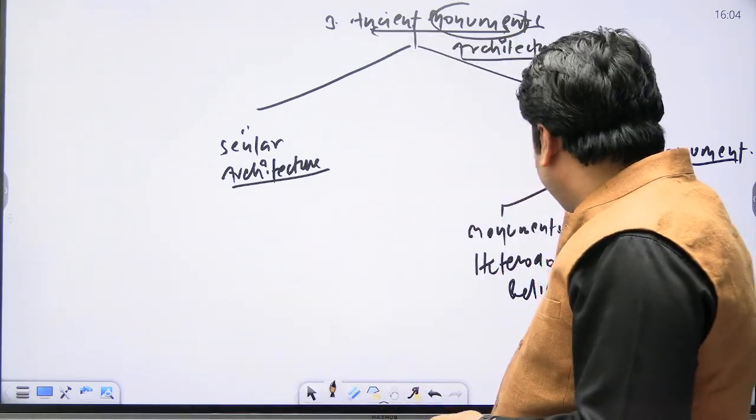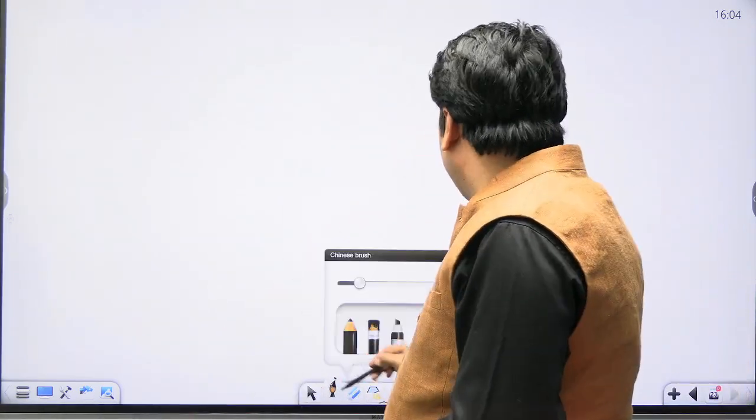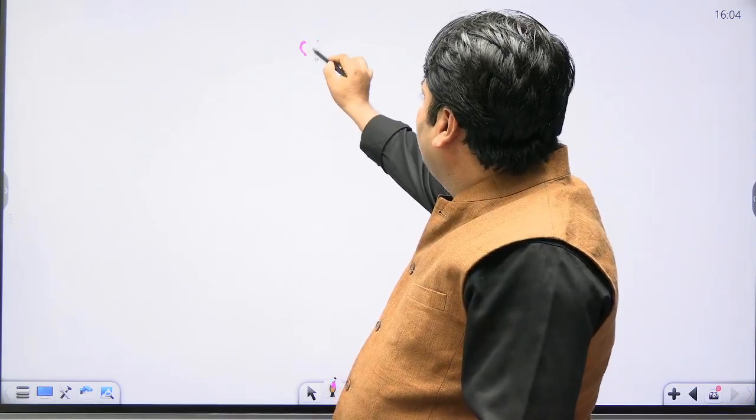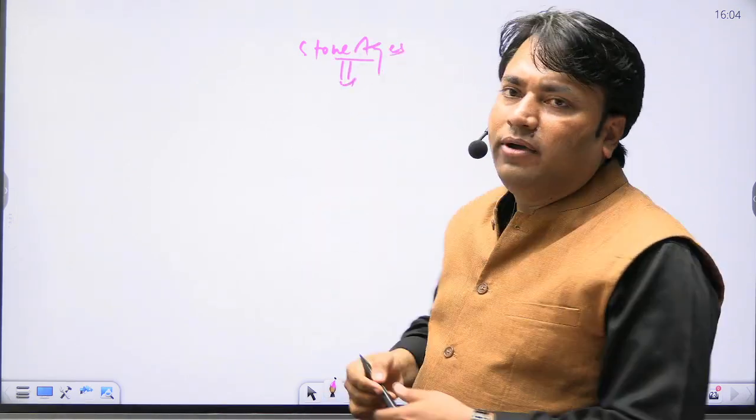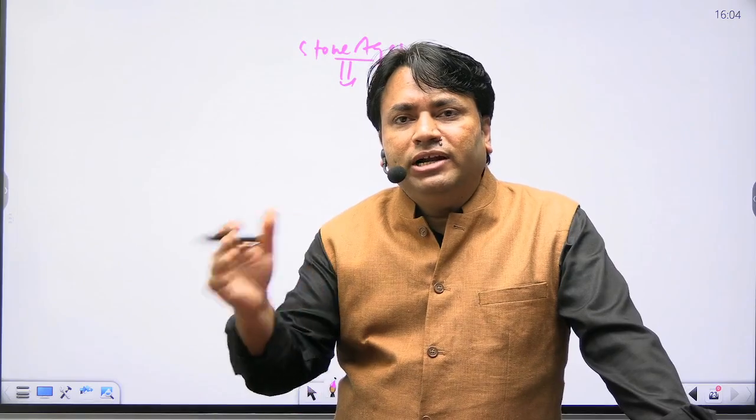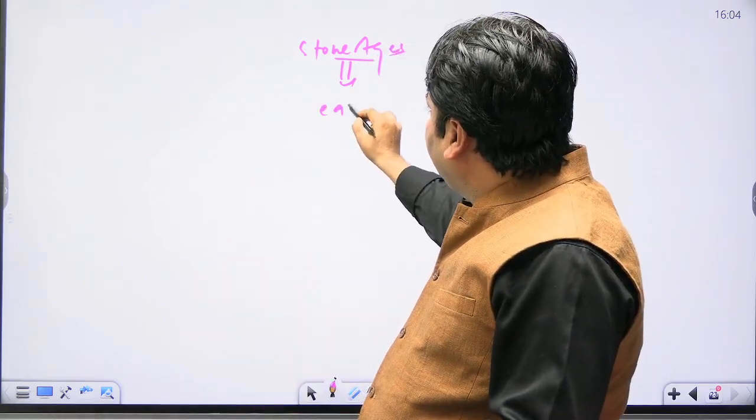Now I am starting the story from the very beginning, when there were stone ages in history. So in stone ages, what happened? Okay, people took shelter where? The people took shelter in the caves.